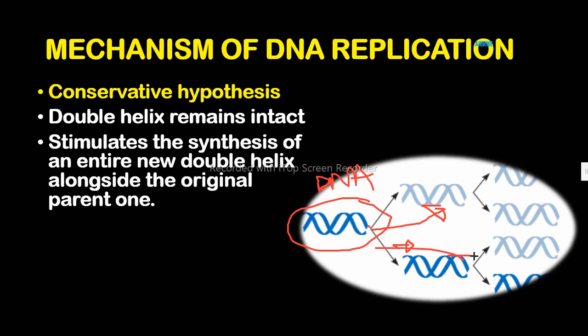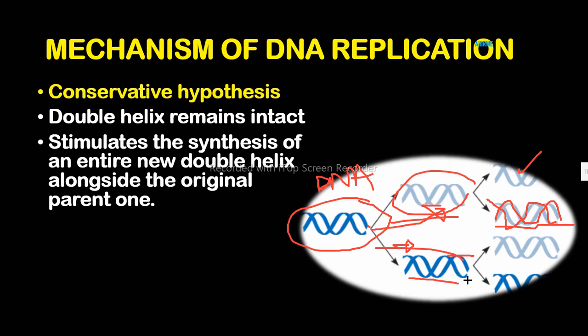If further replication occurs, you also form another intact strand. This one now becomes the parent strand, and you also form a new strand of DNA. The same applies if you continue and copy this.